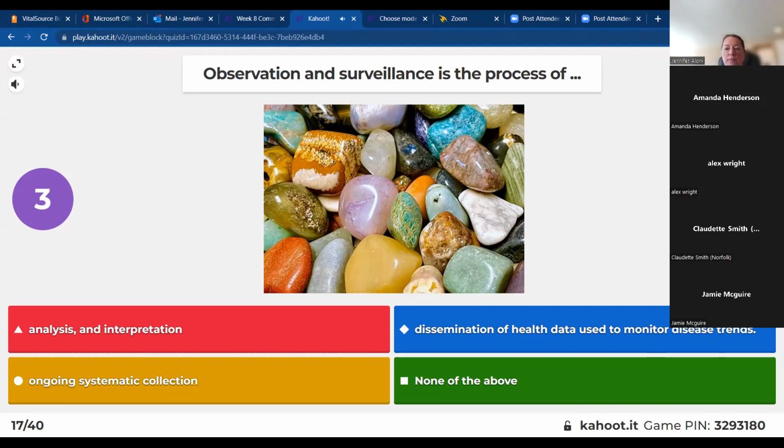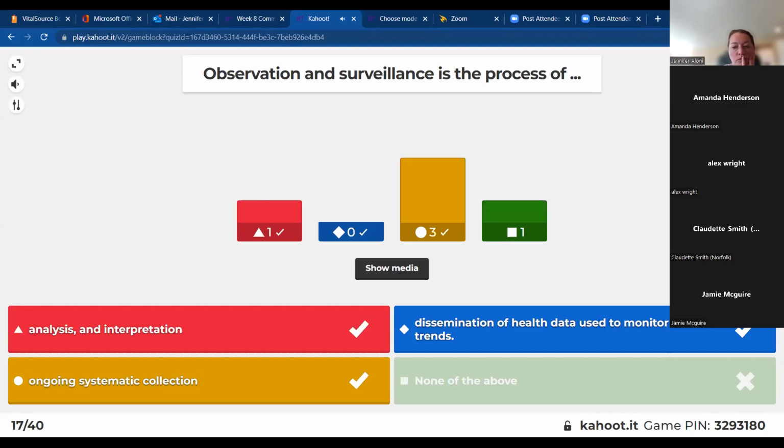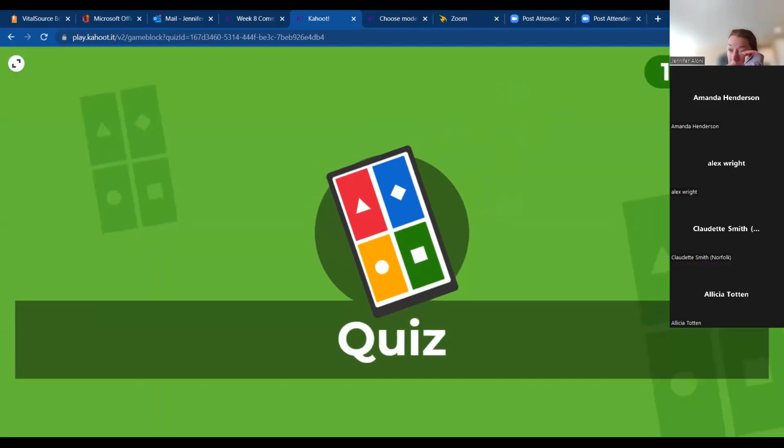I don't really love this one, but all right, so you had three of those choices there, but I don't like it because I felt like blue is not good. It was definitely a no, but you know, we picked blue as one of them, but I don't like the dissemination. I don't like that word in there. But yeah, you're going to analyze, interpret, ongoing collection, all those.